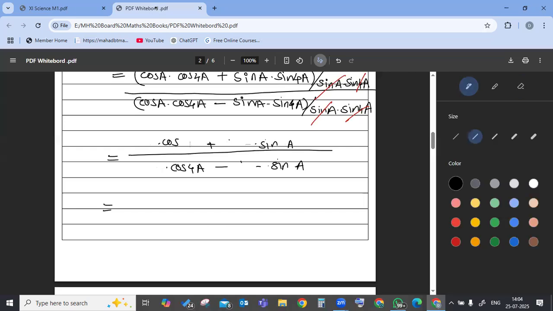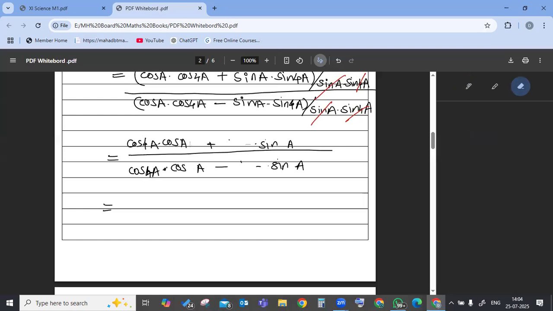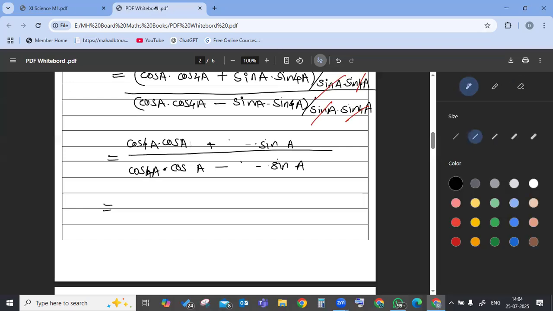See, cos 4A into cos A. Just 4A is taken first, after that A. Here also, sin 4A into sin A and sin 4A into sin A. Right?